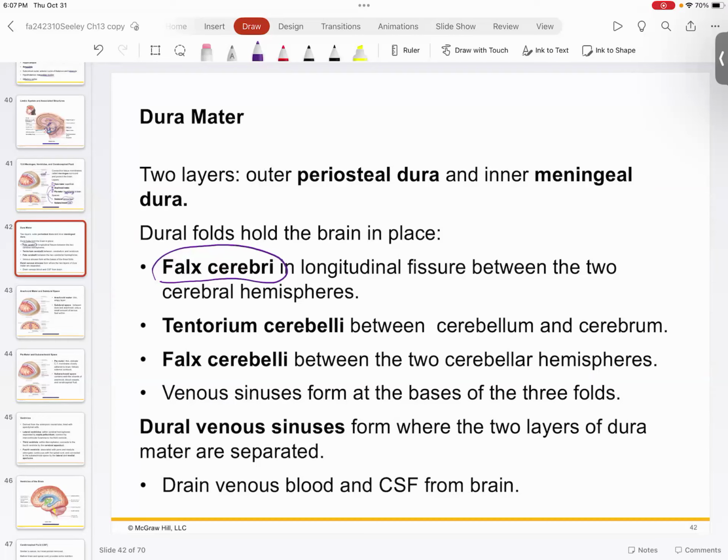The next structure is between the cerebellum and the cerebrum. The cerebellum, remember, is dangling in the back of your brain, but between the bottom portion of your cerebrum, where your occipital lobe is, and the cerebellum is what's called the tentorium cerebelli. This is a dura mater layer that separates those two. And then between the two cerebellar hemispheres, just like you have between the two cerebral hemispheres, is the falx cerebelli.